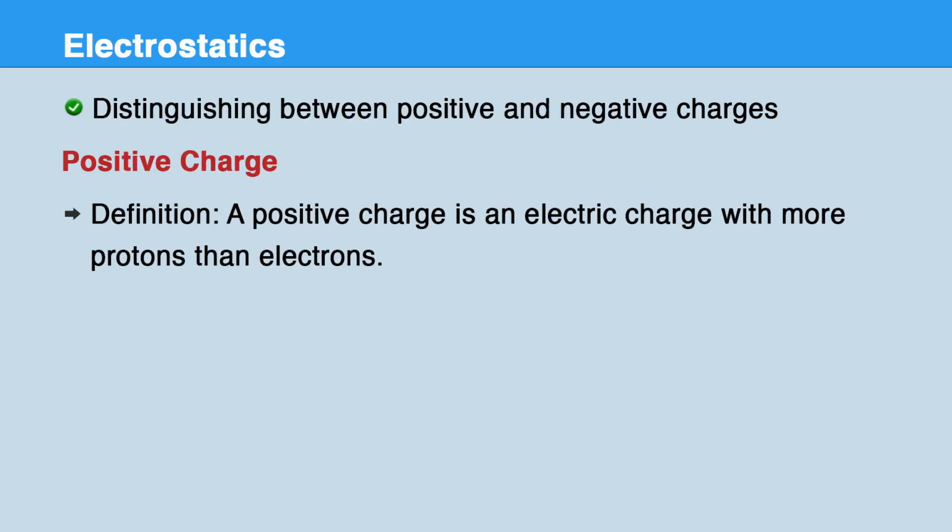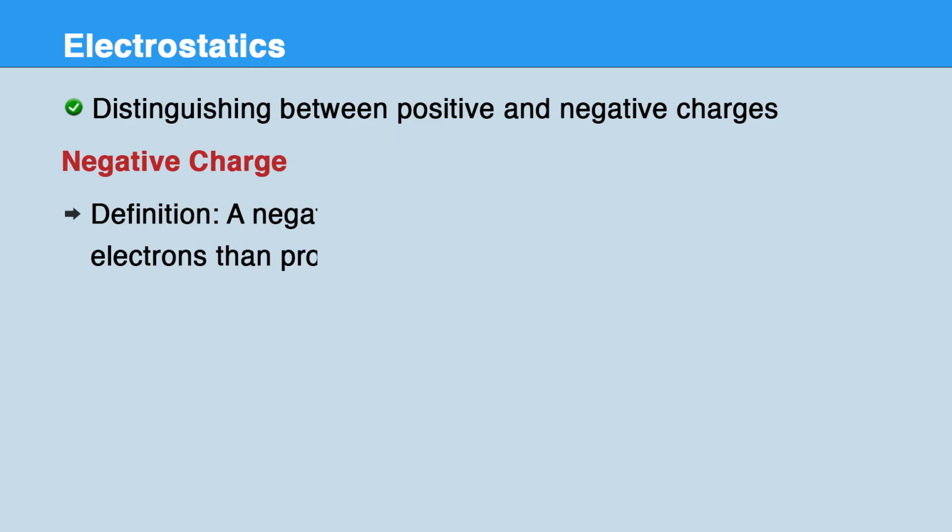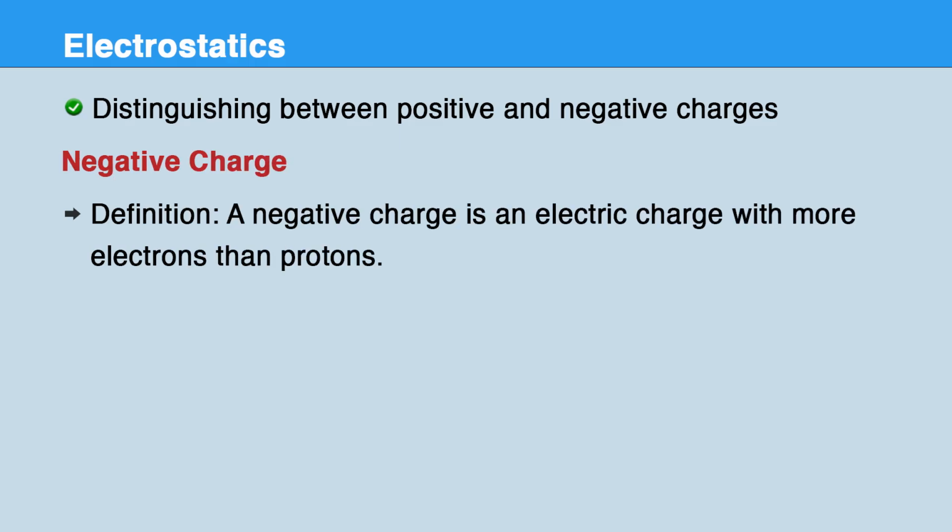What are electric charges? It is a fundamental property of matter. Electric charges come in two types, positive and negative. Positive charge occurs when there are more protons than electrons, like in a proton. On the other side, negative charge happens when there are more electrons than protons, like in an electron.